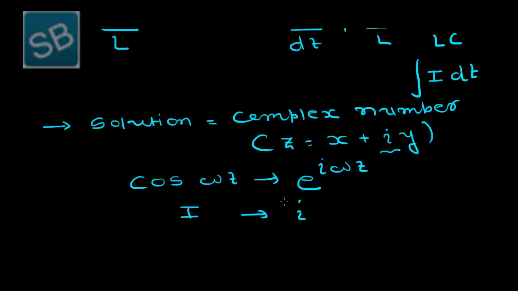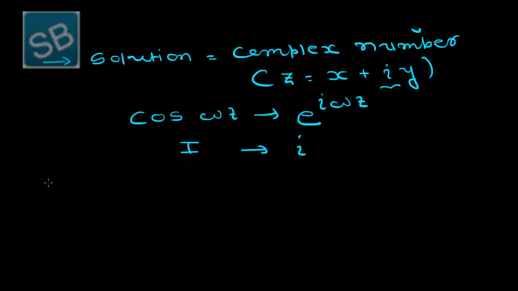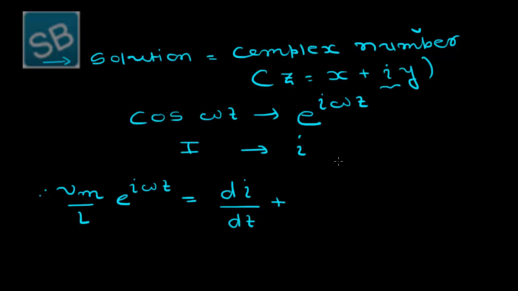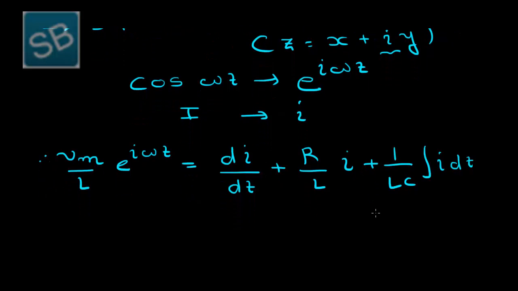With these changes, I can write this equation as Vm by L e raised to i omega t equals d small i by dt plus R by L into small i plus 1 over LC integration of i dt, and this is equation number 1.